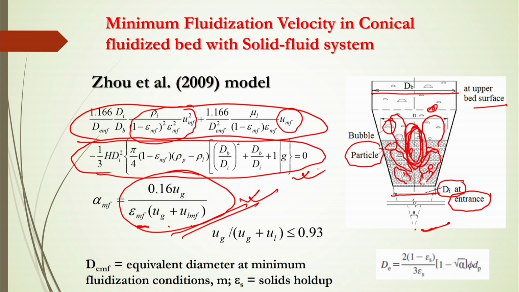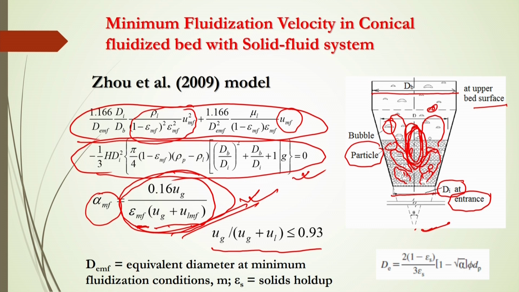So, for this gas liquid solid system, this alpha mf will be equal to this, based on the equation that is proposed, where you need the mixture velocity for gas and liquid. This equation will be valid only if the ratio of gas velocity to the mixture velocity of gas and liquid is less than or equal to 0.93.